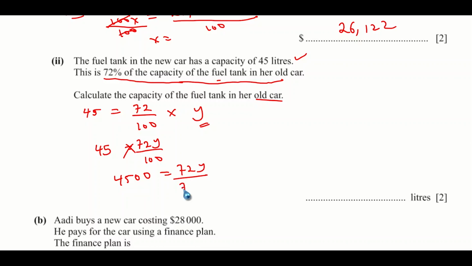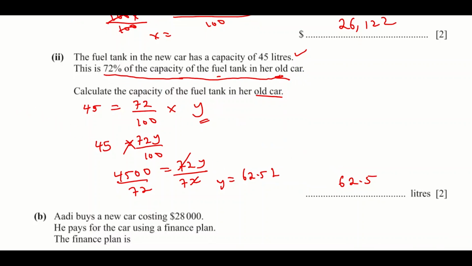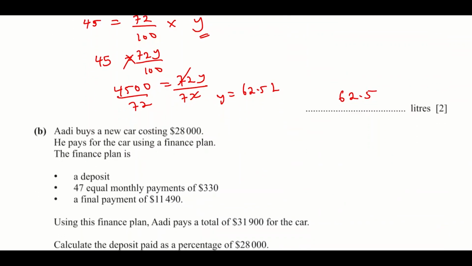If I divide both sides by 72 and input this into your calculator, you should get the value of Y equal to 62.5 liters. So put 62.5 here. This statement, the underlined one, is very important, as it helps in the solution. So let's go to part 1b.